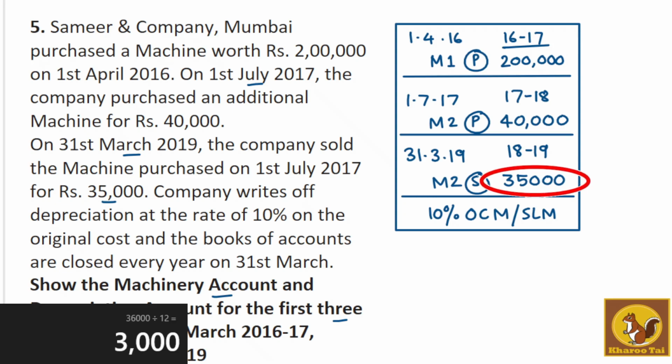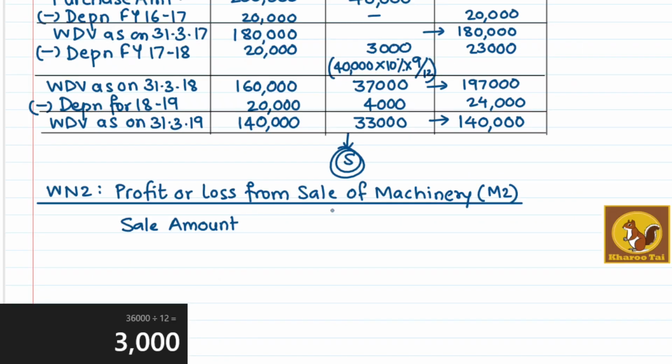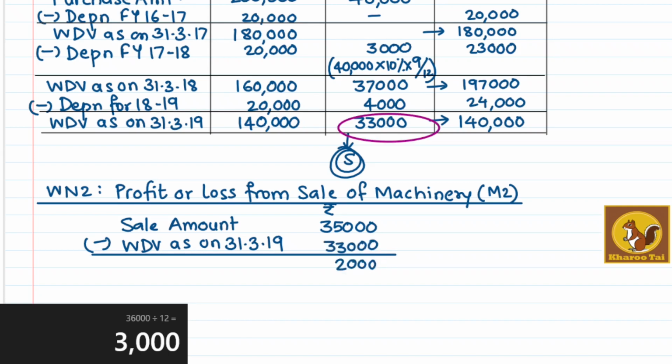Sale amount is 35,000 rupees. And what is the WDV? WDV as on date of sale. It was sold on the last day of the year. So WDV as on 31st March 19 is 33,000. So we have received 2,000 more from selling the asset than the book value. So we have got a profit of 2,000.